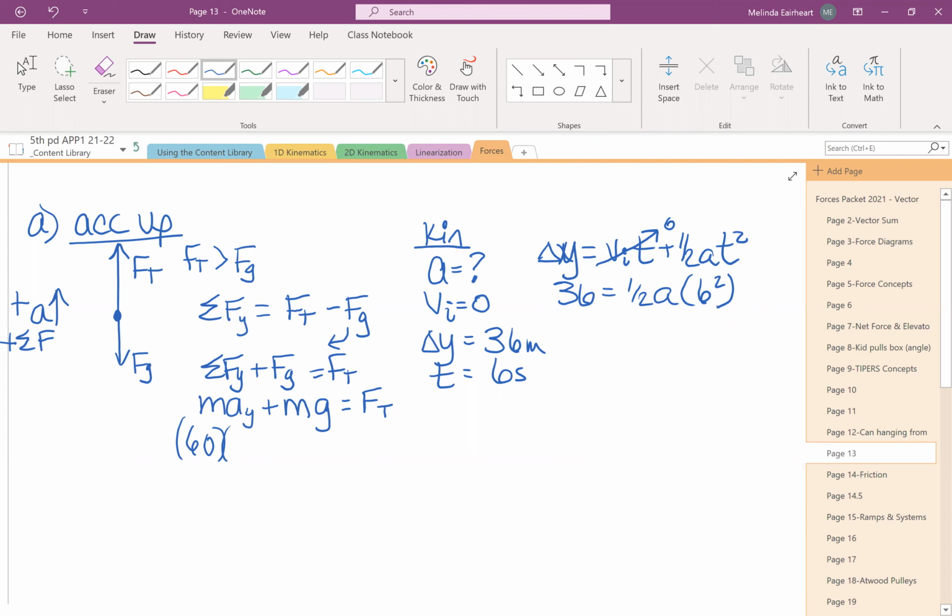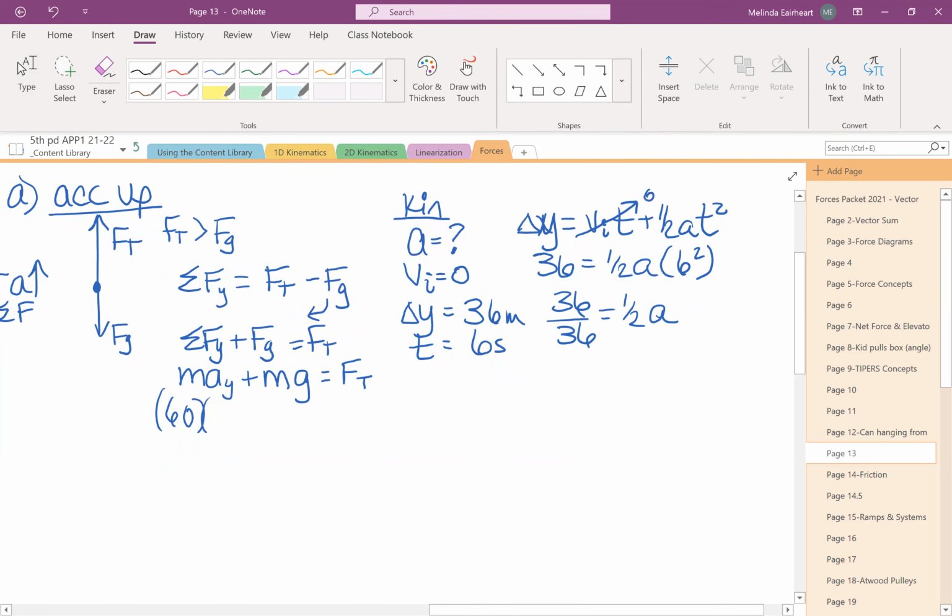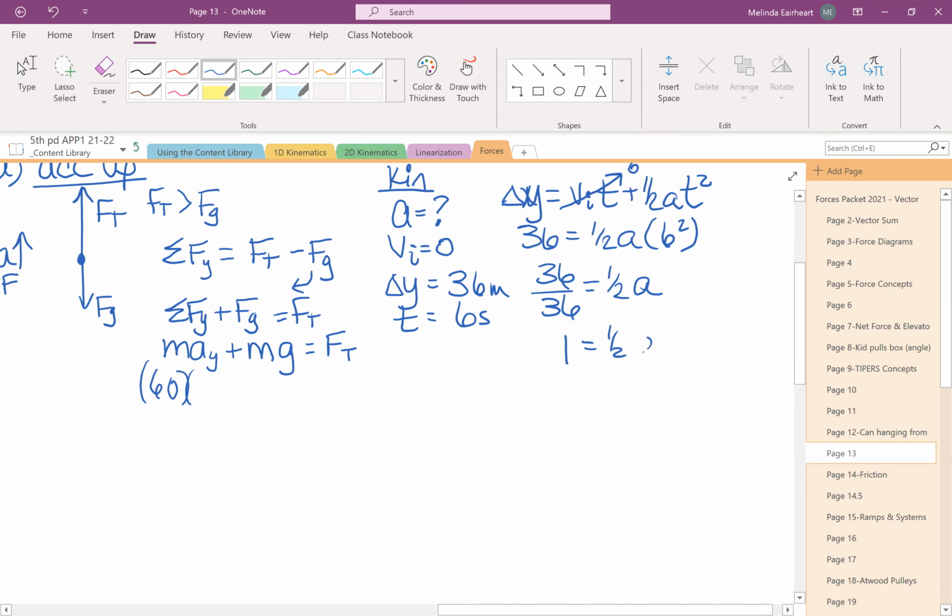And then I have to divide both sides by time squared. And so a would equal, 1/2 a, right? We could have done half of 36 first, but we get a would equal 2. And it comes out positive because we were going up 36, okay? Accelerating upwards, which we said was positive direction.